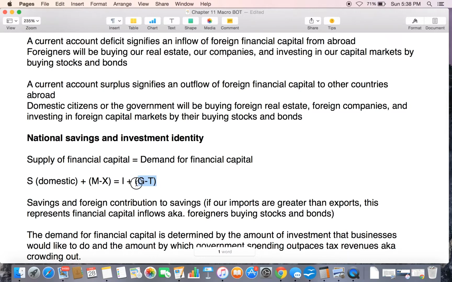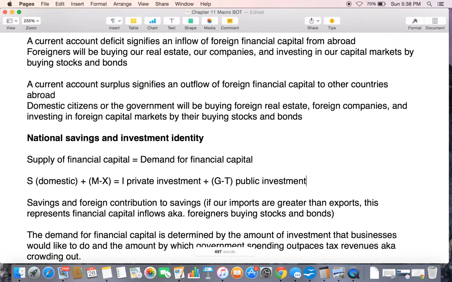And then if the government is not spending more than it's taxing, then they will also be demanders of financial capital, as this represents private investment and government spending in excess of tax revenue represents public investment.